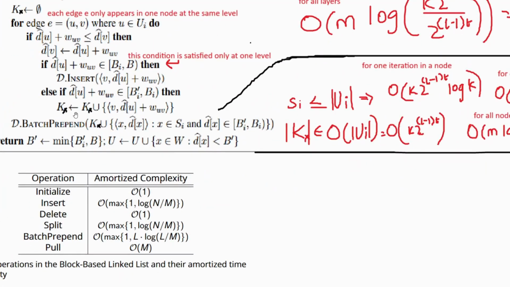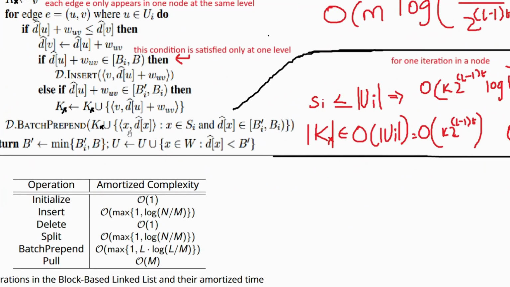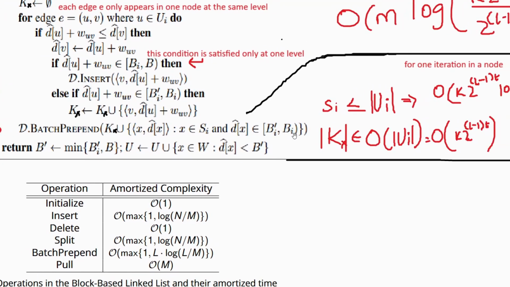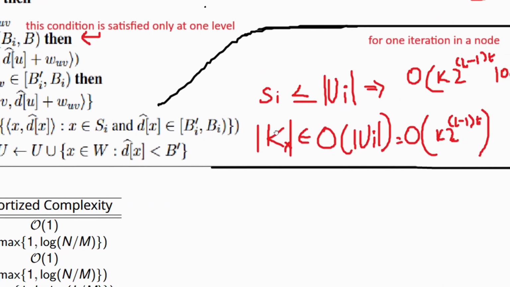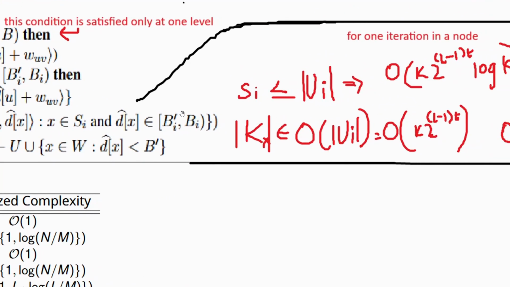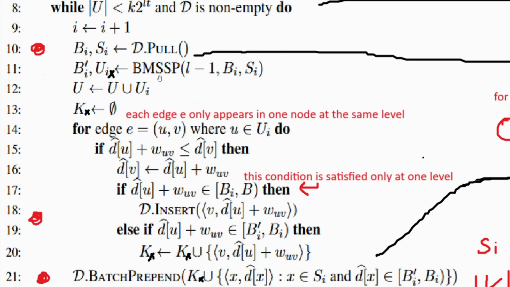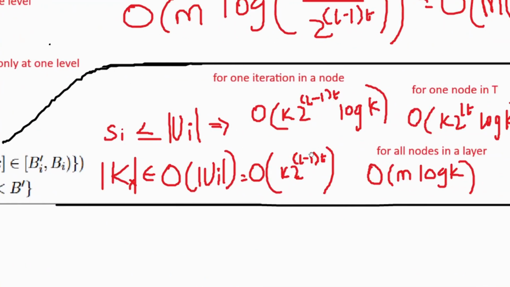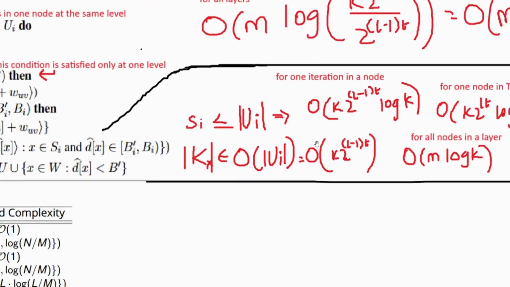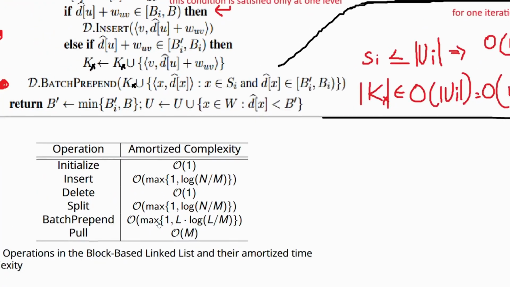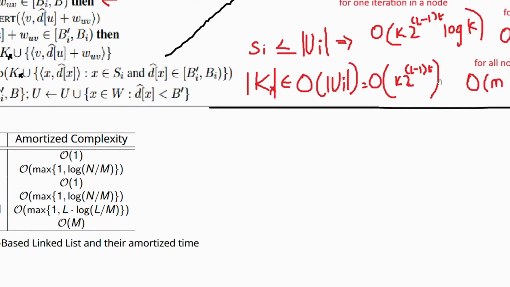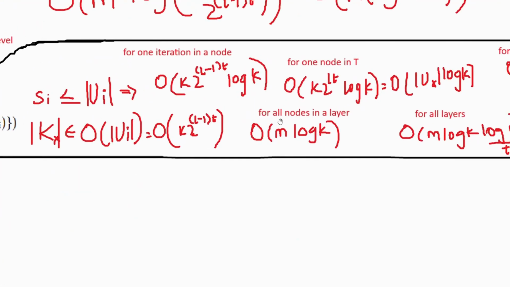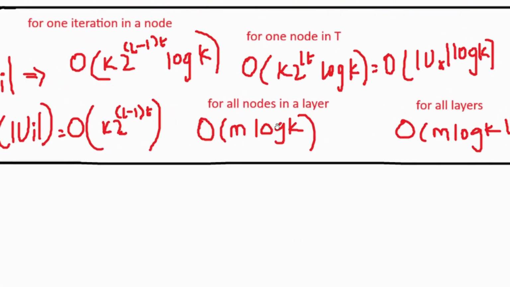Now finally coming back to this k that we had before. k can be at most in the order of the number of nodes returned by the recursive call here. We're going to be batch prepending these, so batch prepending this many elements for all nodes in the layer works out to be m log k.